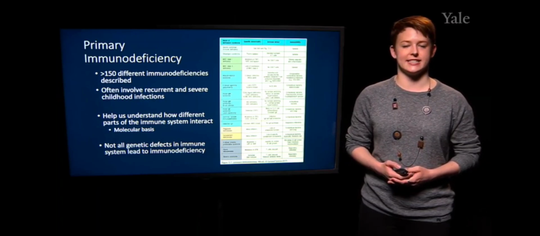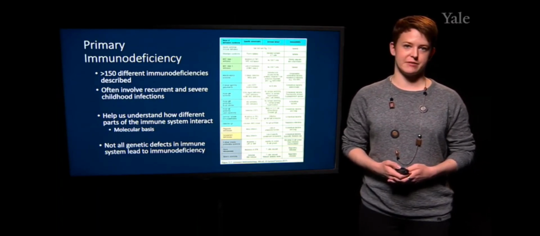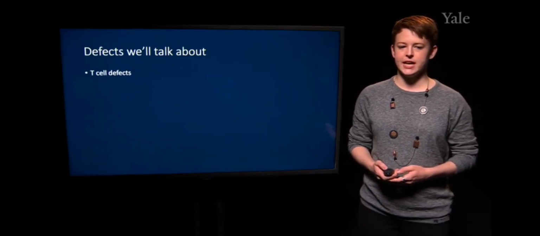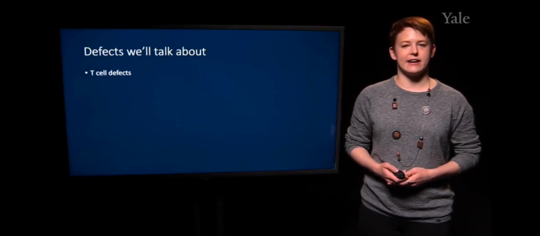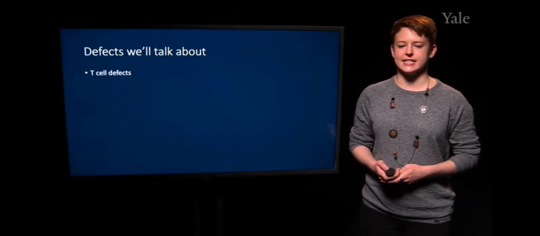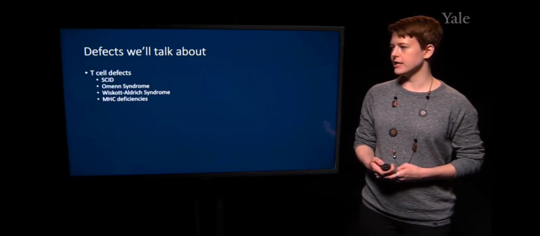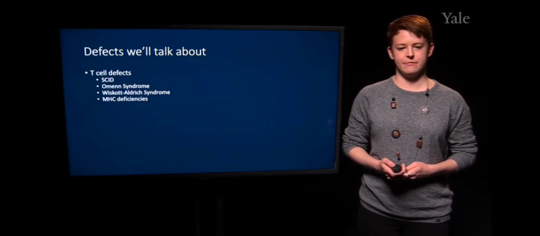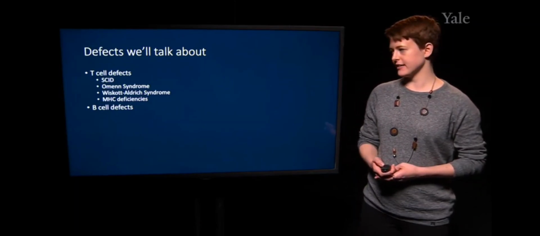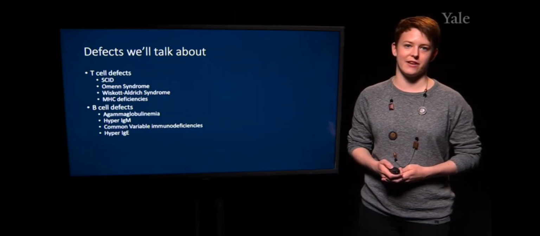So we're going to be talking about several defects, and the Janeway textbook organizes these into T-cell defects, which will talk primarily about SCID, and B-cell defects, which we'll talk about as well, which typically involve antibody changes. Then there are a few other miscellaneous genetic defects that we'll see.